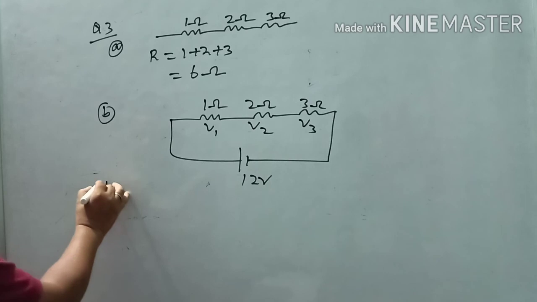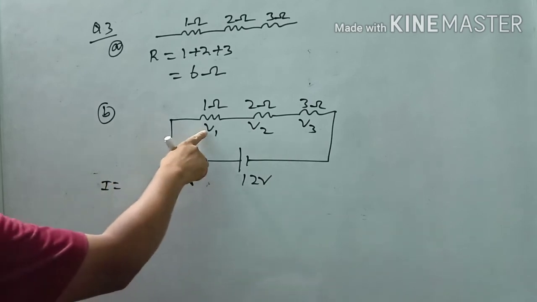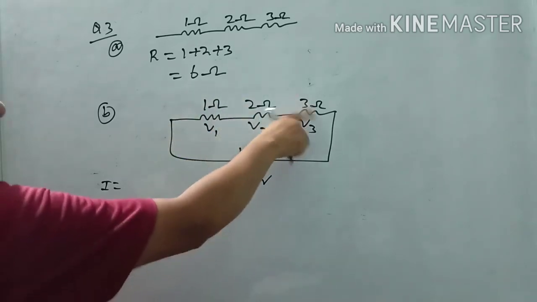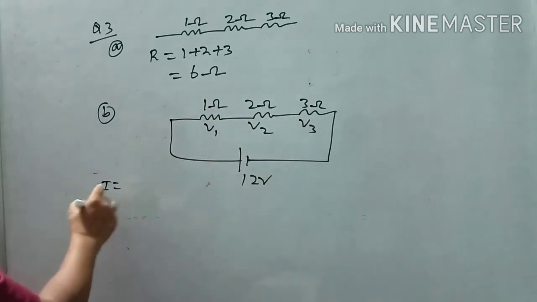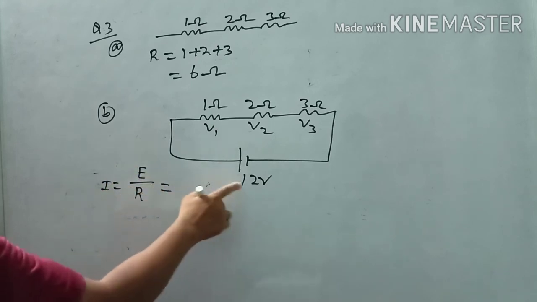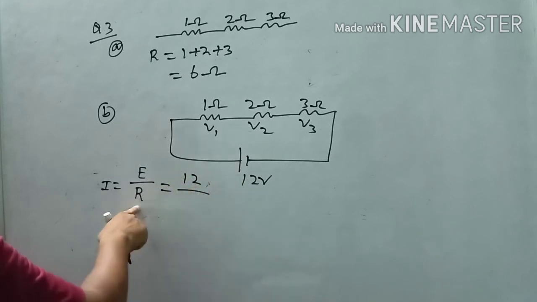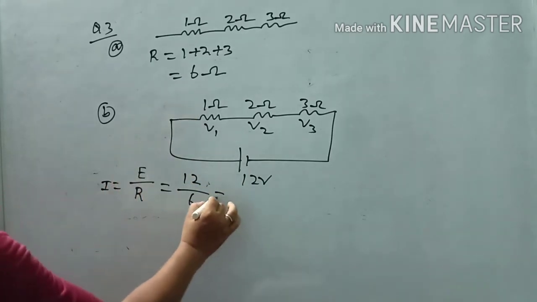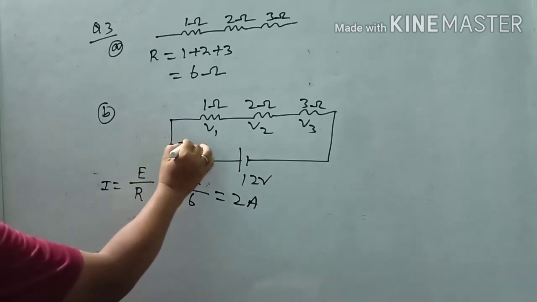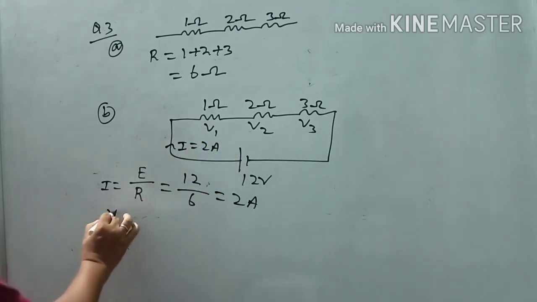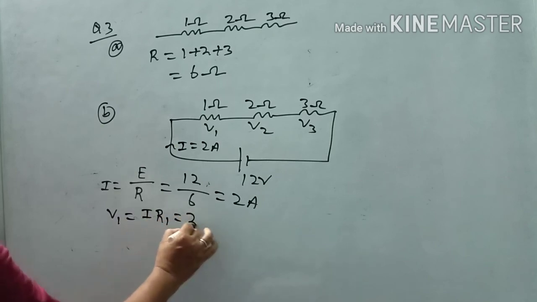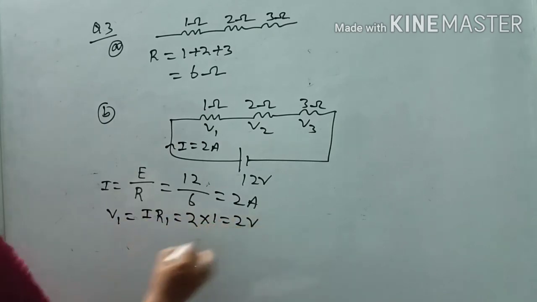So first you have to find out current I, because voltage is equal to current into resistance. Current is equal to E divided by equivalent resistance R. What is E? 12 volt. What is equivalent resistance? 6. So that will be 2 ampere current. Since this current I is 2 ampere, now V1 will be I into R1, that is 2 into 1 is equal to 2 volts.